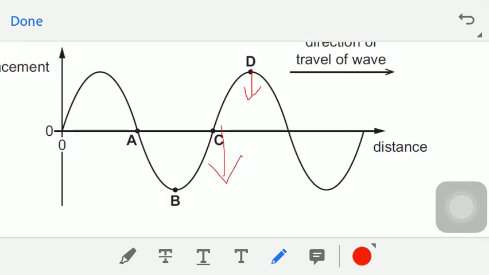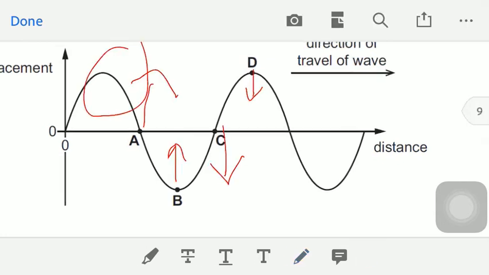Particle B will have the same experience as particle A. That means it should start traveling upward. Particle A will have the same experience as this region of the wave, which means it should start moving upward.